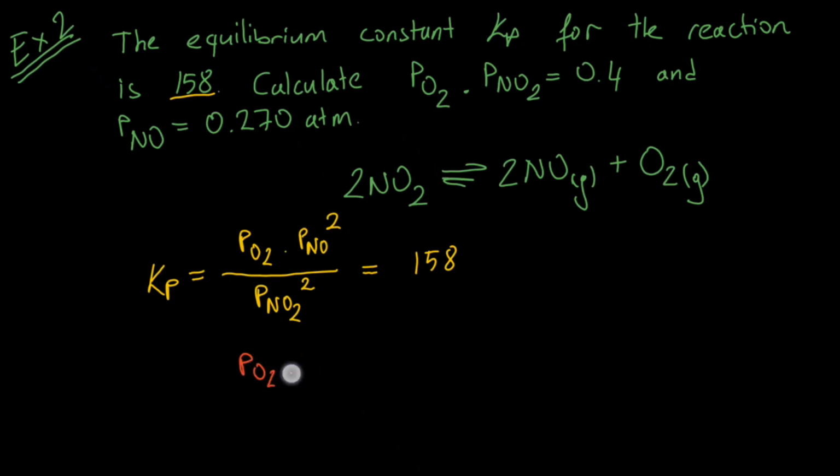So oxygen pressure times 0.270 squared over 0.4 squared equal to 158.